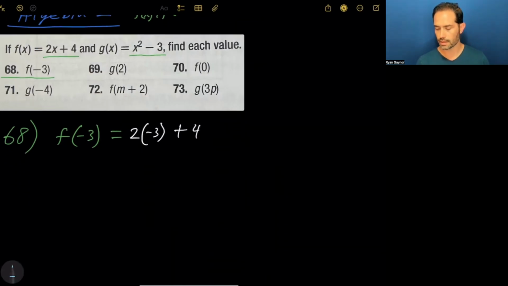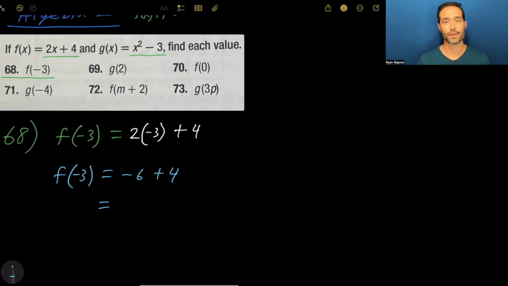So it says f of negative 3, remember, that's just the label, is equal to 2 times negative 3 and then plus 4. So order of operations tells us we have to do the multiplication first. So 2 times negative 3 is negative 6 plus 4. Now we add it up. So we have negative 6 plus 4.